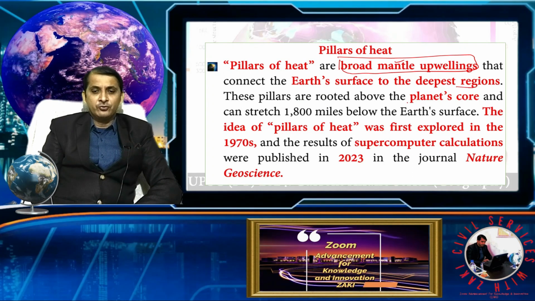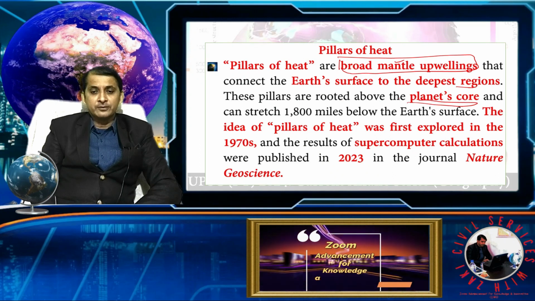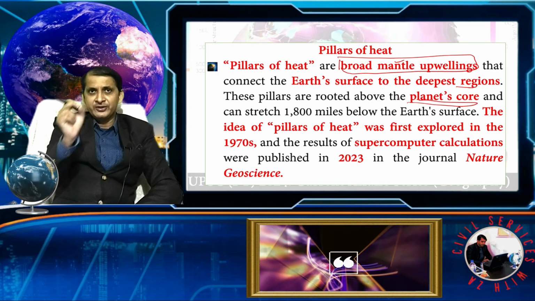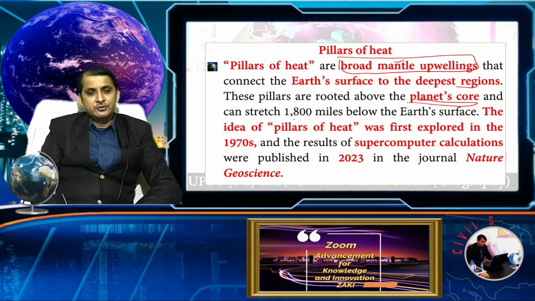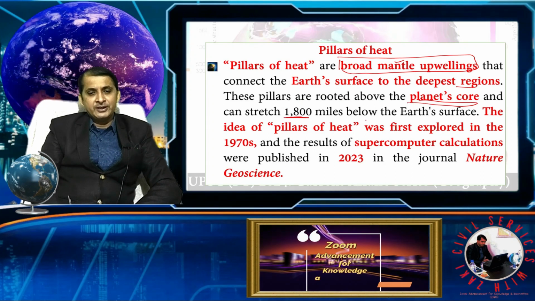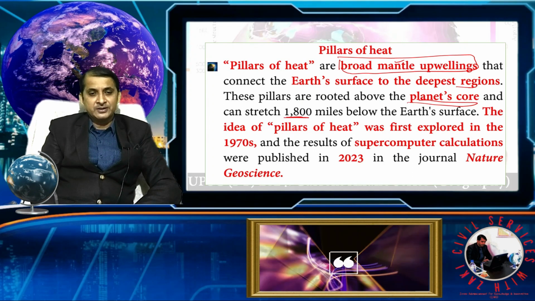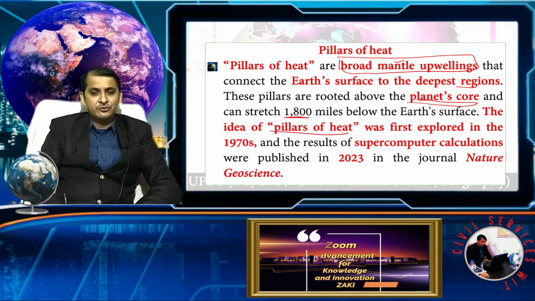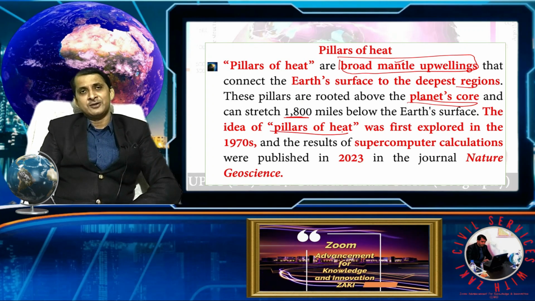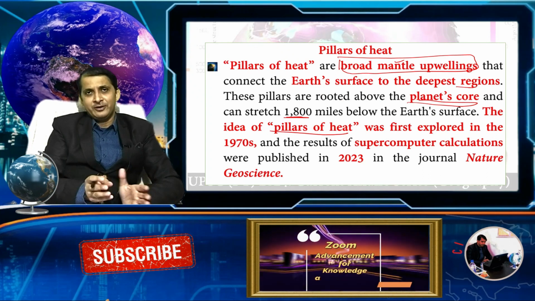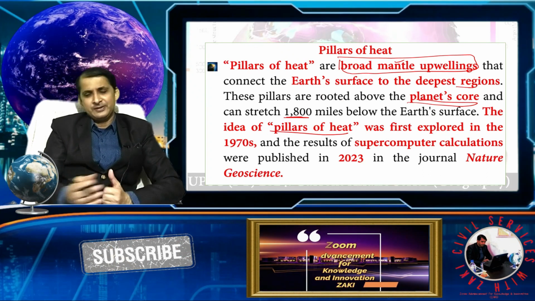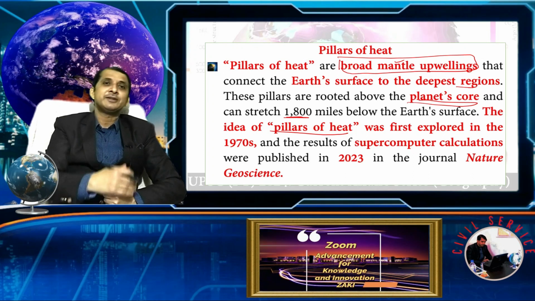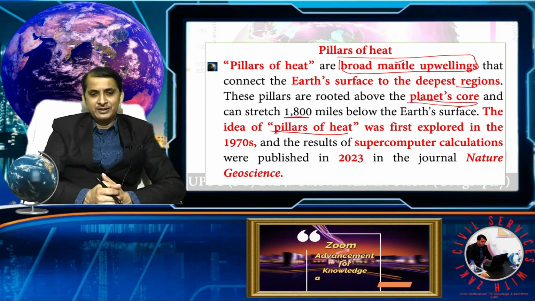These pillars are rooted at the planet's core-mantle boundary, 2,900 kilometers below the surface, and their crests stretch up toward the Earth's surface. The idea of pillars is not so new, because plate tectonics came into existence in the late 60s and 70s.